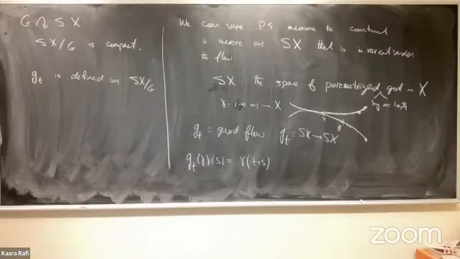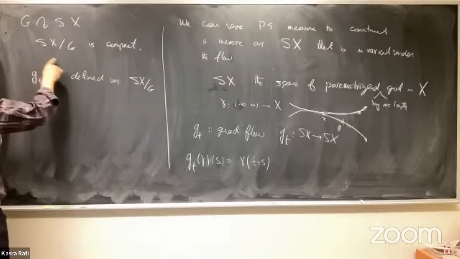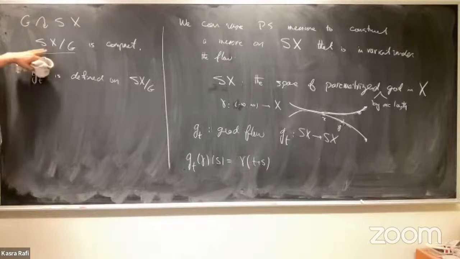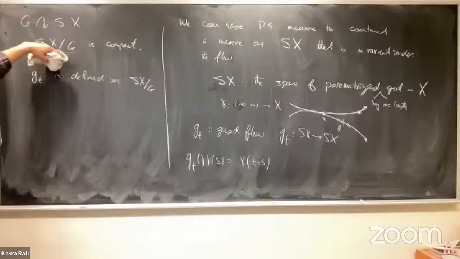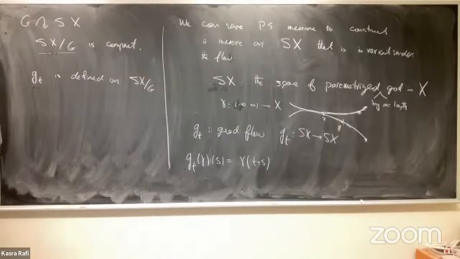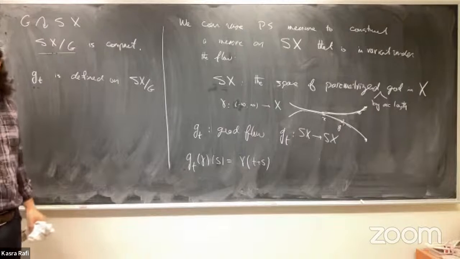All right, so this is our space. So I would like to produce an invariant measure on here. A measure of finite volume that is invariant under this flow, right? And the Patterson-Sullivan measure actually does that for me.